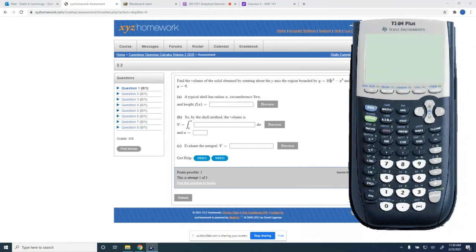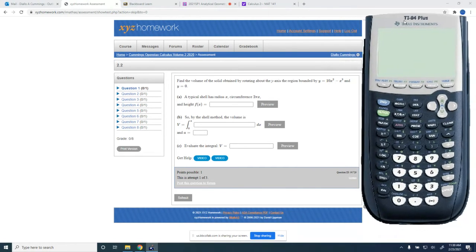So in order to get a visual or physical representation, I'm actually going to graph this function. I'm going to clear out my home screen, clear out my graph, and put in the function 10x squared minus x cubed, and graph.